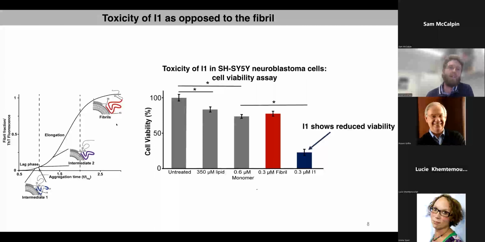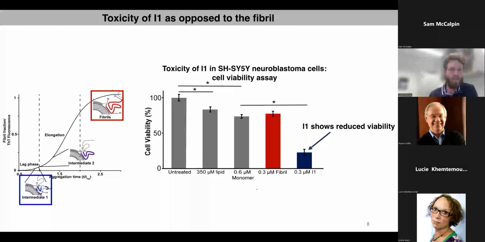This is also the case for this particular preparation, where you see that intermediate 1 shows the least cell viability in neuroblastoma cells, whereas fibrils really aren't particularly toxic in this assay. They have comparable toxicity at a bit higher concentration, 0.6 micromolar monomer. So this intermediate 1 species appears to also be more toxic than the fibrils.